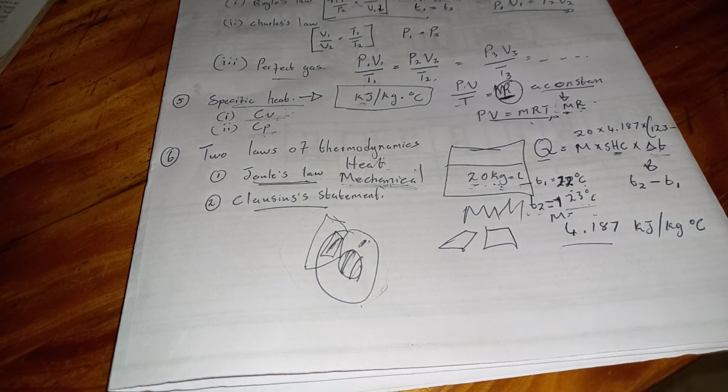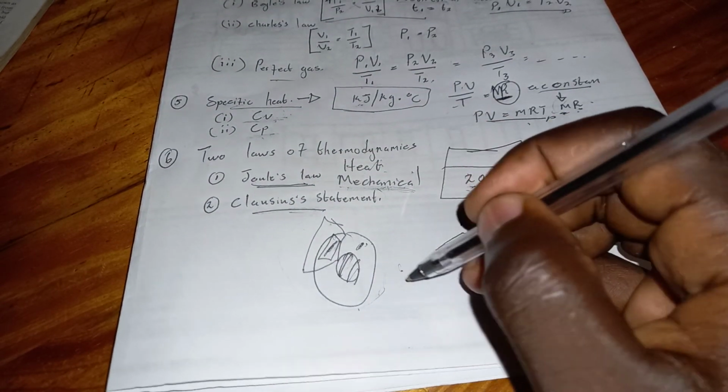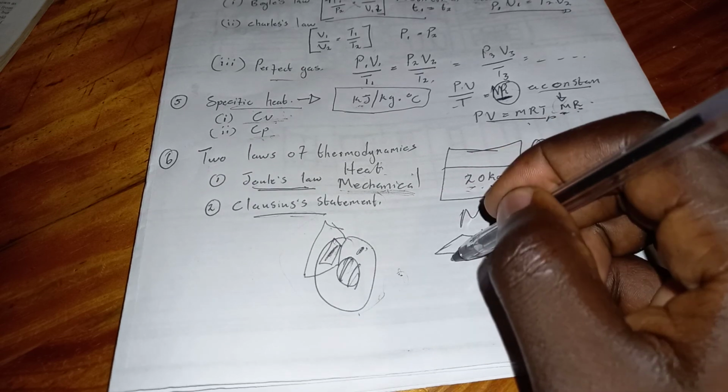And then the Kelvin statement states that heat can flow from a hot substance to a cold substance unaided, right? But it is impossible for heat to flow from a cold substance to a hot substance without the aid of external work. So this statement says that we know that heat can flow from a hot substance to a cold substance.